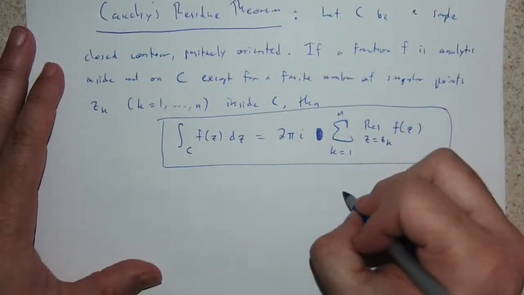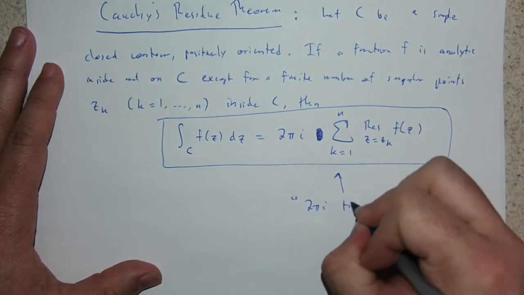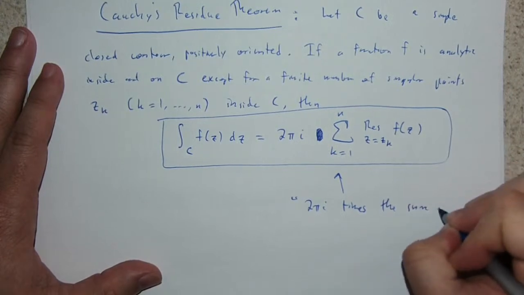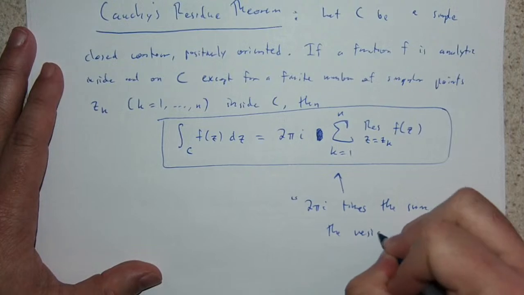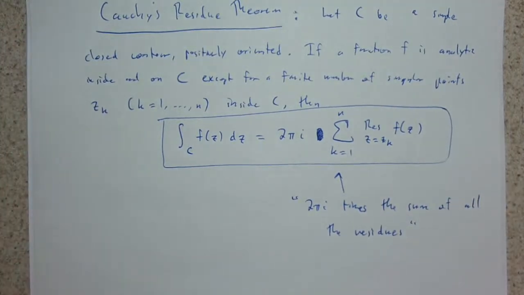So this on the right is 2 pi i times the sum of the residues. That is the quick way to remember this.